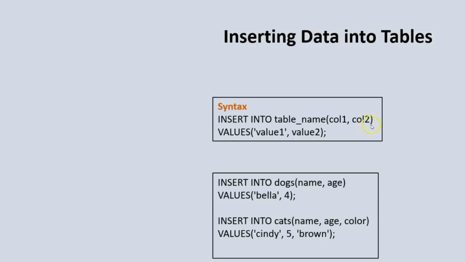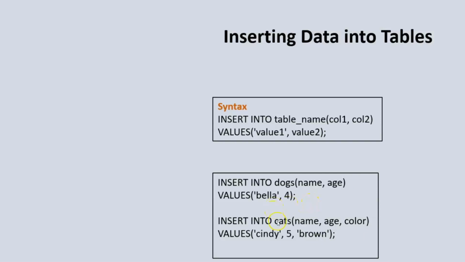We close our parentheses, and then we have the keyword VALUES, which is really what value do you want to insert into those columns. Assuming that this is a string value, we have to input that in single quotes. We have a comma, we have the second value, we close our parentheses, and we end with a semicolon. Let's insert some records into our dogs table.